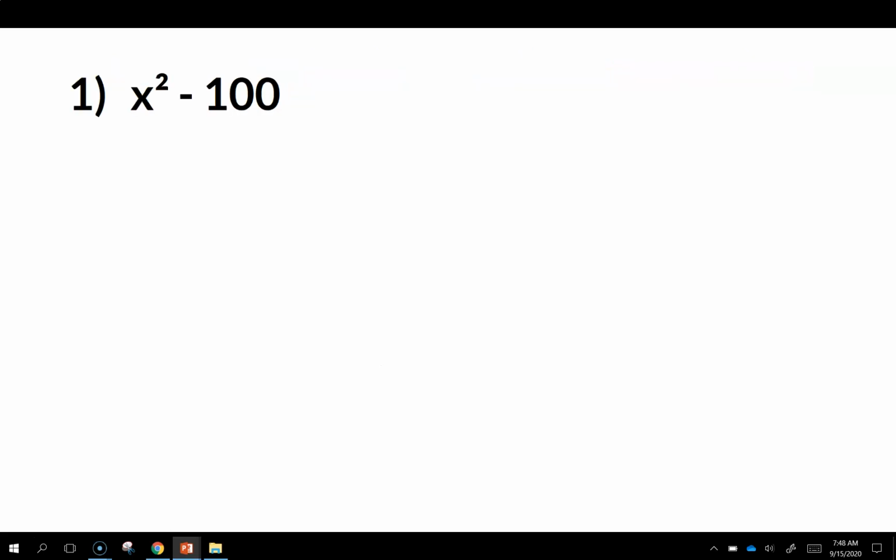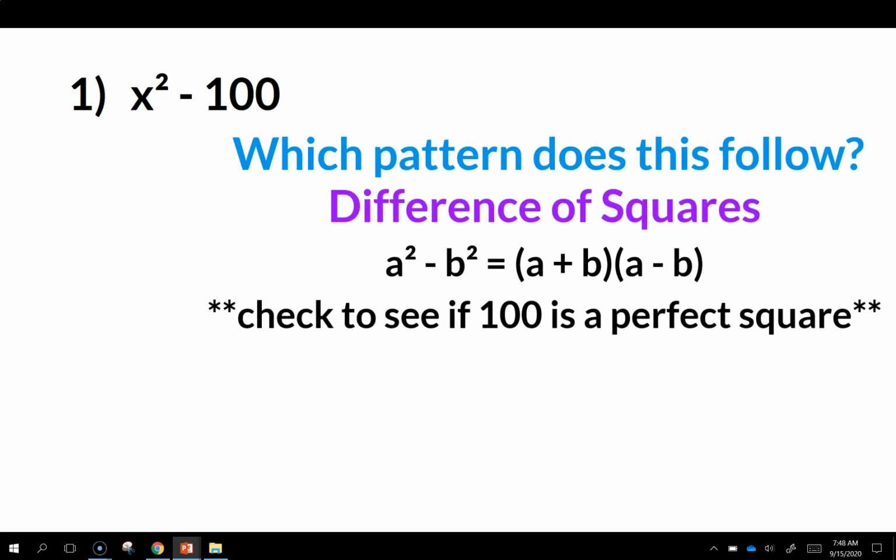All right. So here, I have x squared minus 100. Well, I see a difference. There's a minus sign. X squared is a perfect square. It's x times itself. 100 is a perfect square. It's 10 times itself. So I can split that up by using our pattern of a plus b and a minus b. So the a's and the b's are the square roots of our pieces.